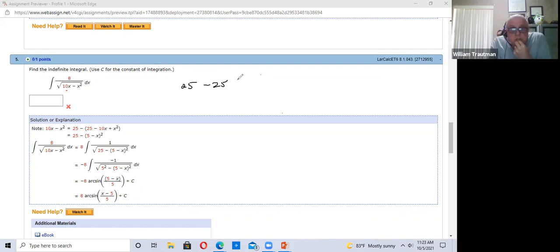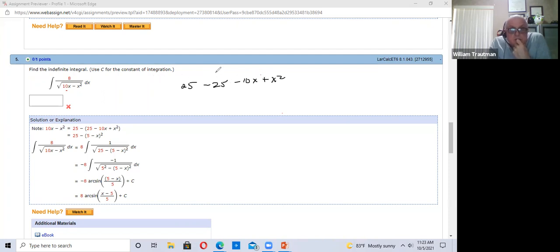And then we're going to do, it becomes a minus 10x and a minus x squared. If we look at it becomes a positive.